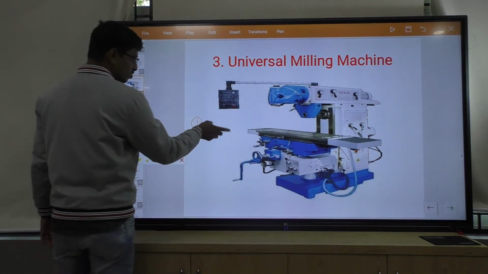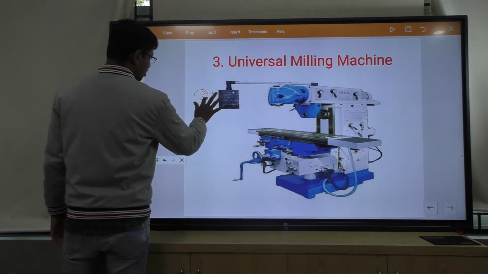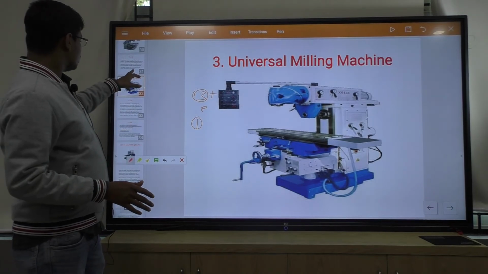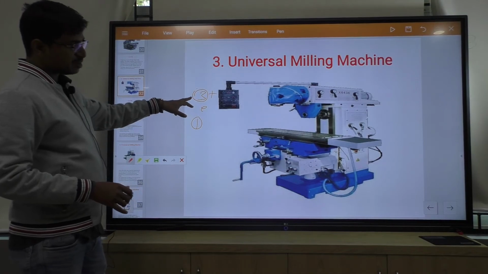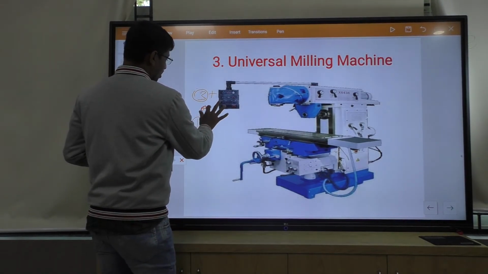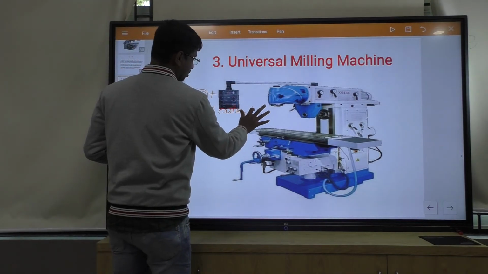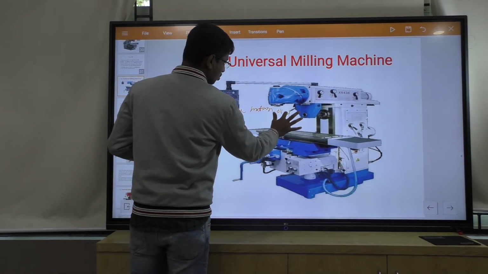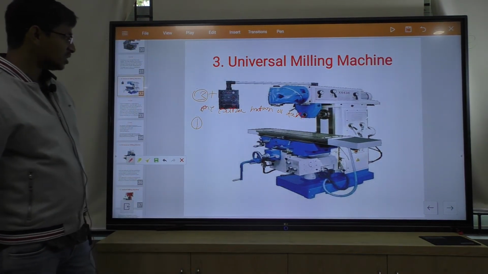The three motions, as already told for plain milling machines, plus one extra motion of the table is present in the universal milling machine.